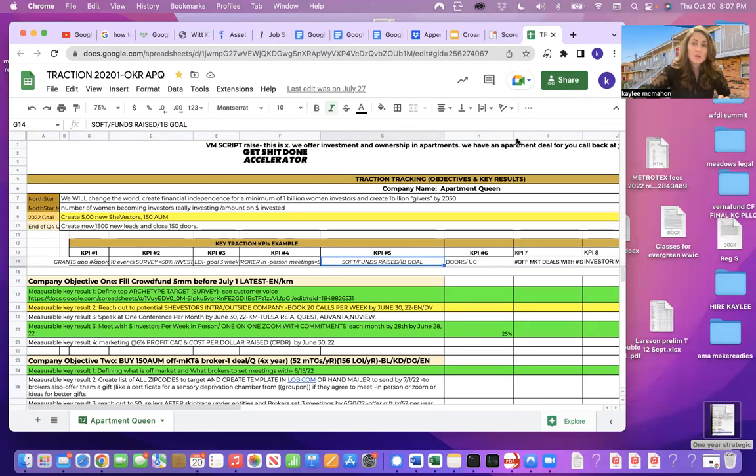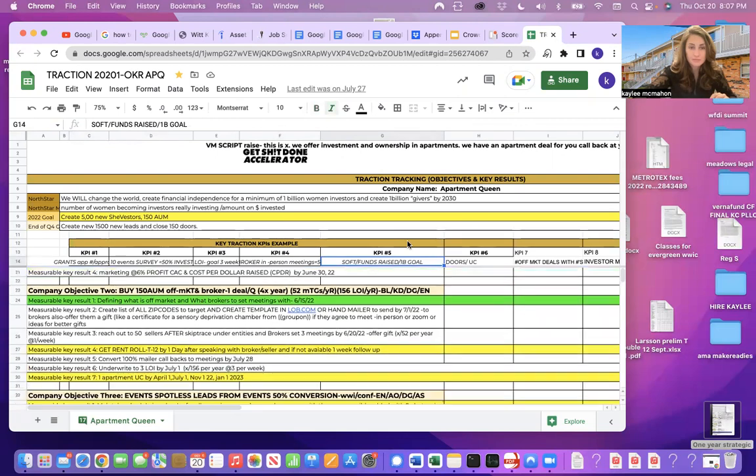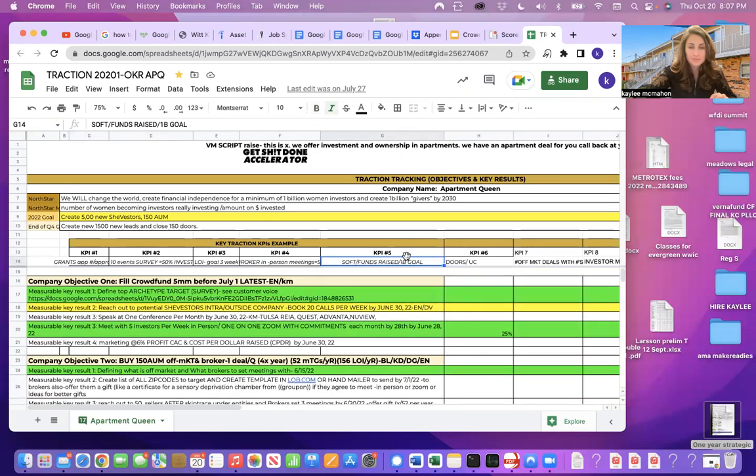So here's what to do with those KPIs. So you're like, oh, KPI number one, I'll make sure I say this right. So key performance indicator. Oh, so you break down to key objectives, right? So you have your goals we have to hit, and then it's like, well, how do I get there? I don't know.